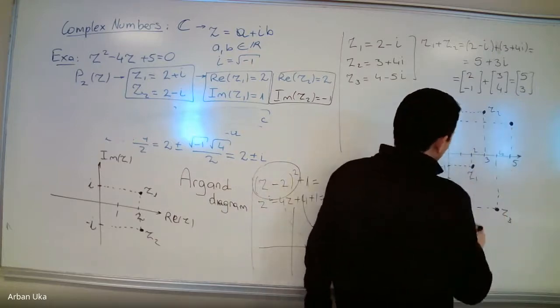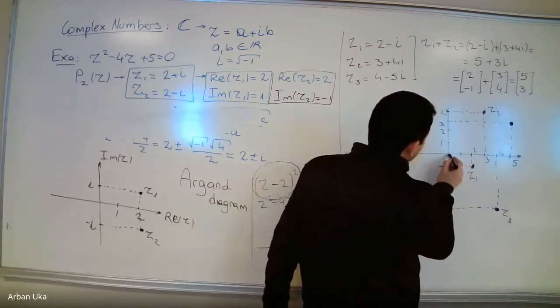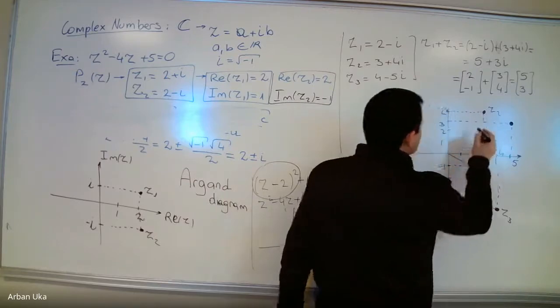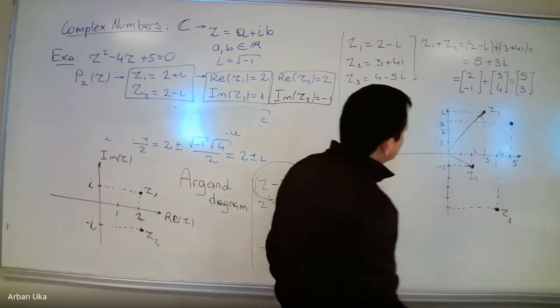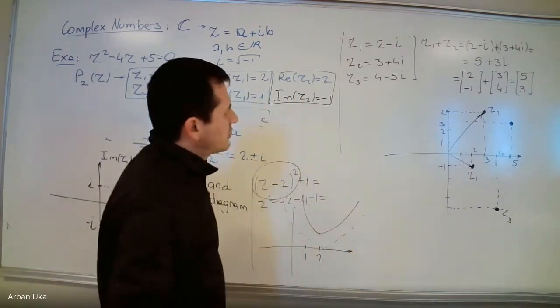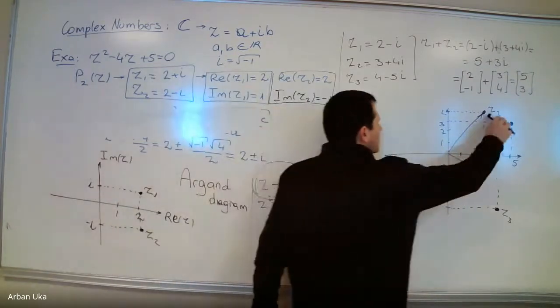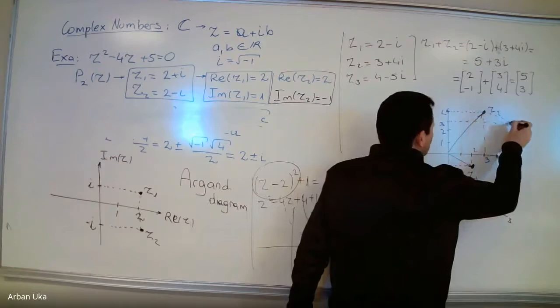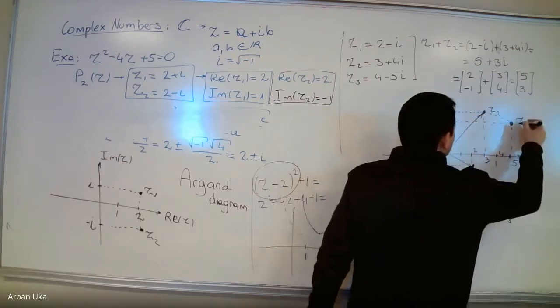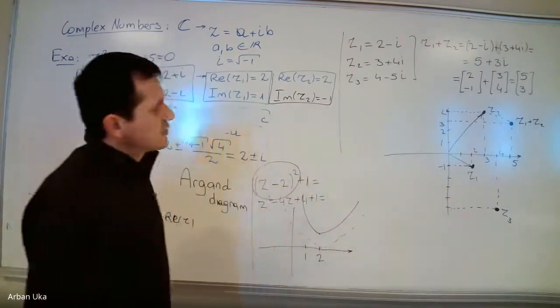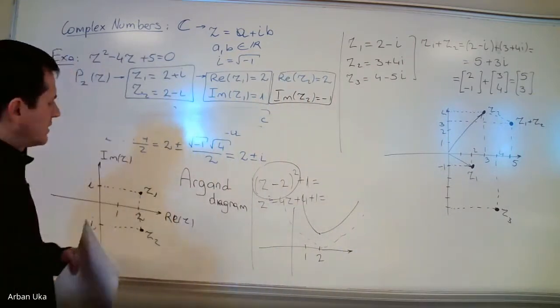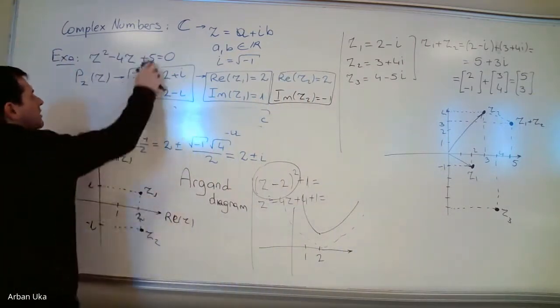Or we can assume this is Z1, this is Z2, and these are added like vectors, right? Because Z1 is carried this way, and we get this one. So this is Z1 plus Z2.